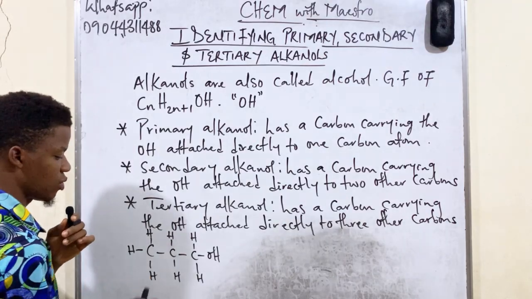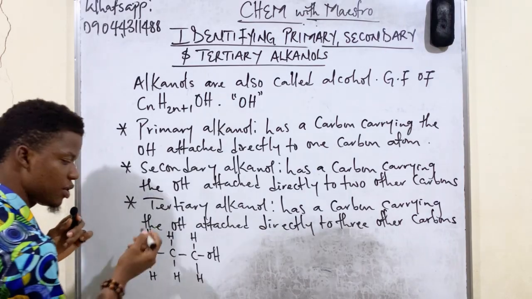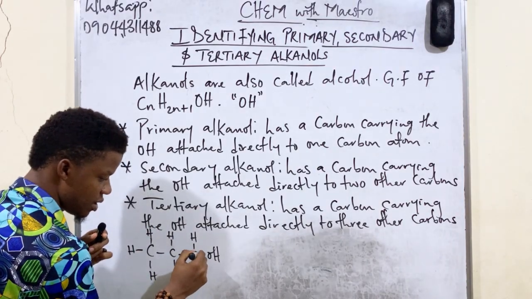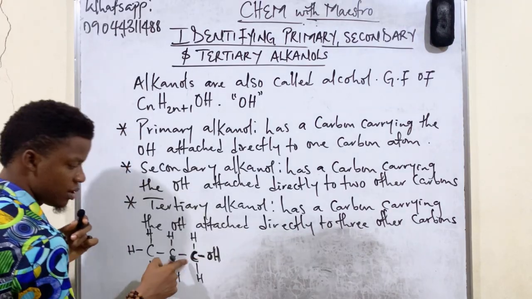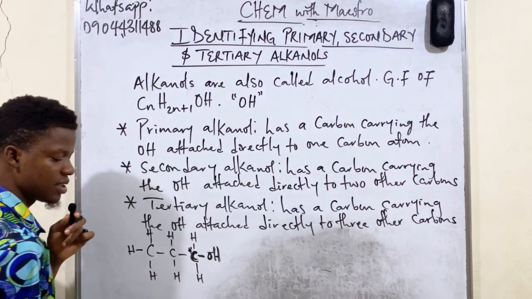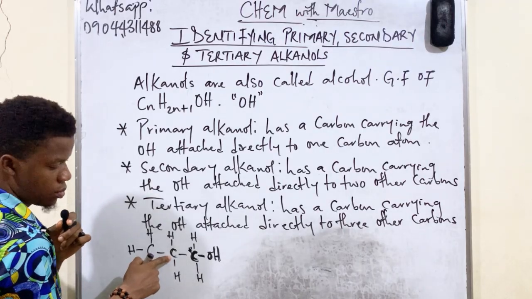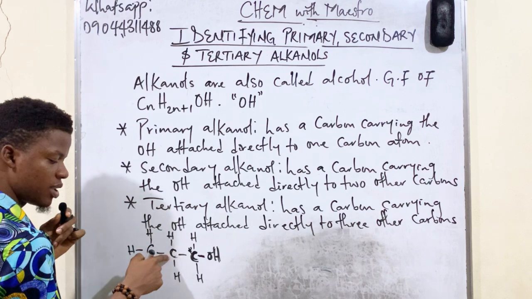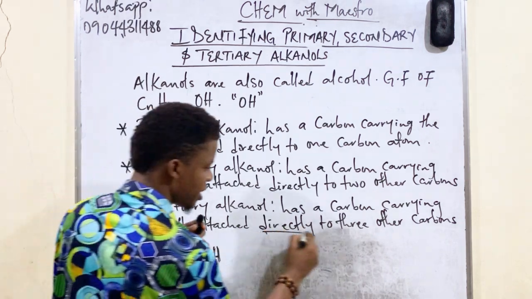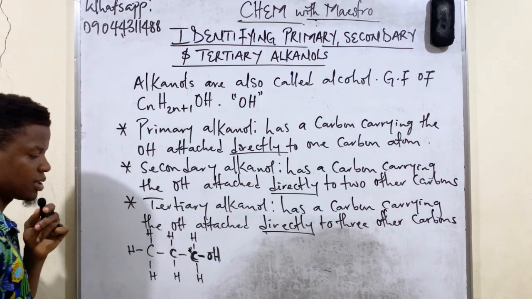How am I so sure that this guy is a primary alkanol? Because this guy is the carbon that is carrying the OH, and it is directly connected to just one carbon. It is not two. So please take note, the keyword here is directly.